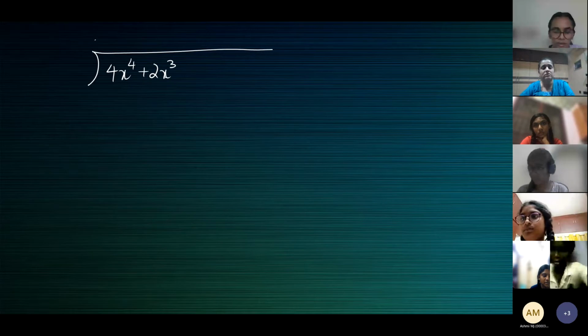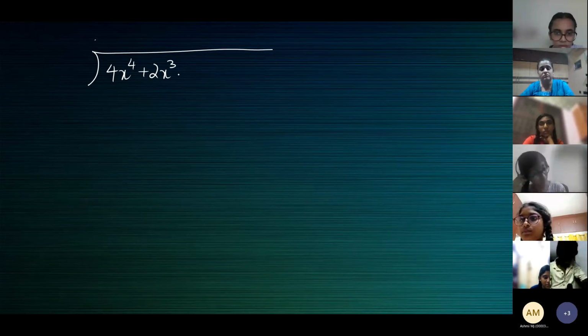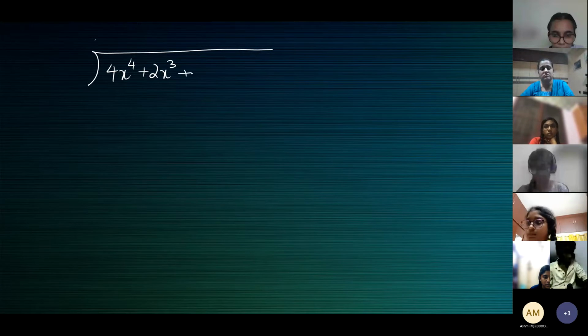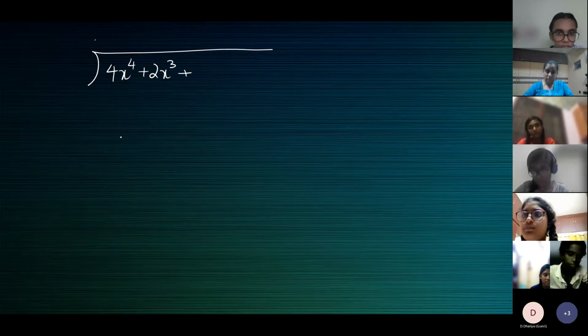I need the dividend. It's 4x to the power 4 plus 2x cubed minus 2x squared plus x minus 1.